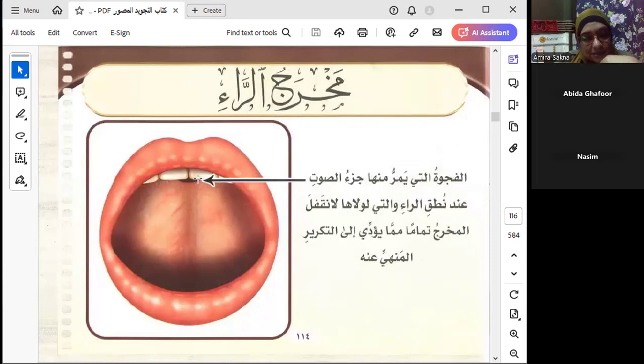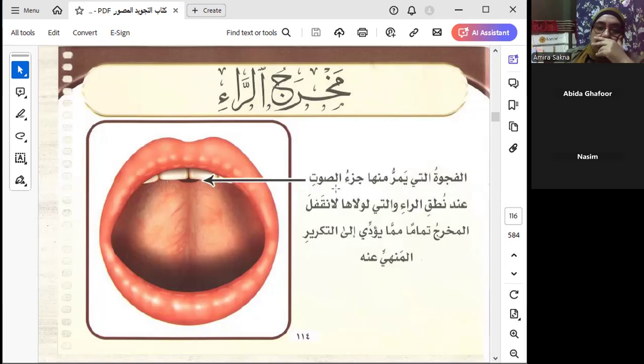Al-inhiraf means that the sound has to come from both sides to run through this tiny opening. So the sound is not running straight, but has to turn from right to left and take this path. This is called al-inhiraf, meaning the sound is changing its straight way to run through this tiny way.